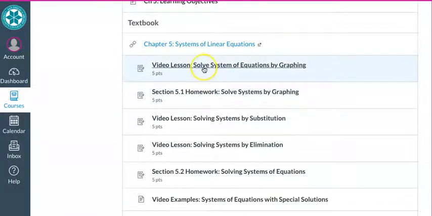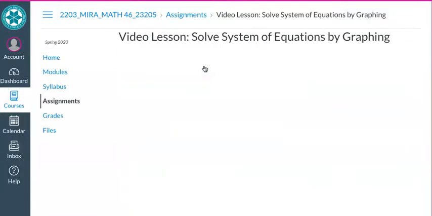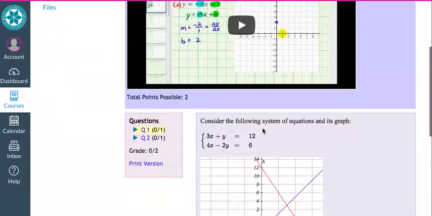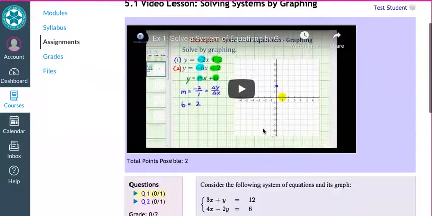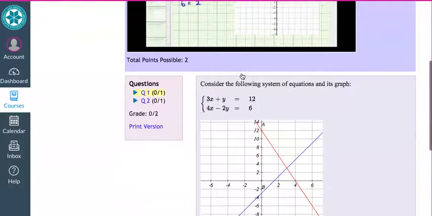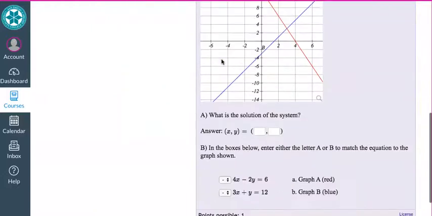For the video lessons, you can click on one and it will have a video that you can watch and some questions. To complete this assignment, you watch the video and then answer the questions that have to do with that video.